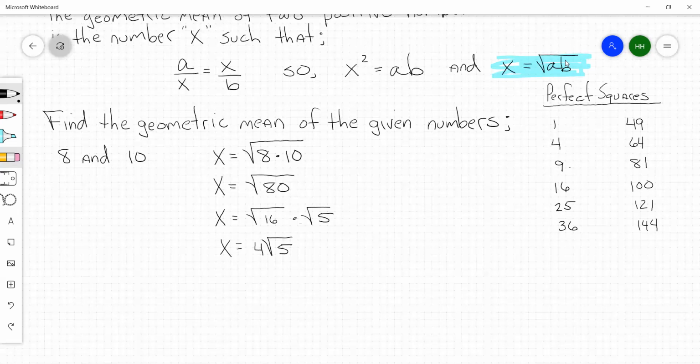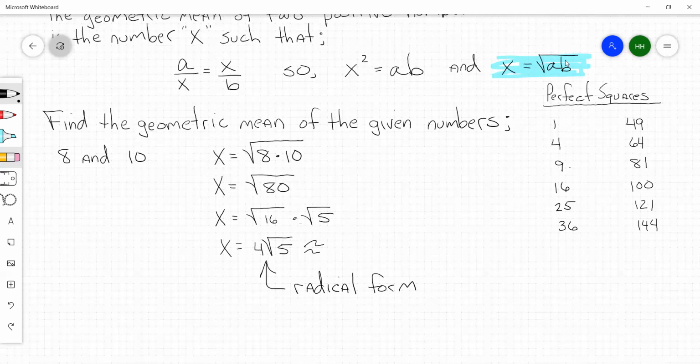Now, you want to list those two ways. This is called radical form. You want to list your answers in radical form and then as a decimal.